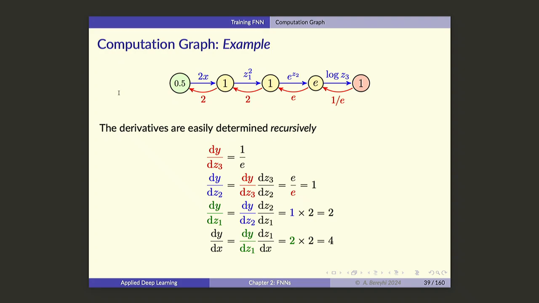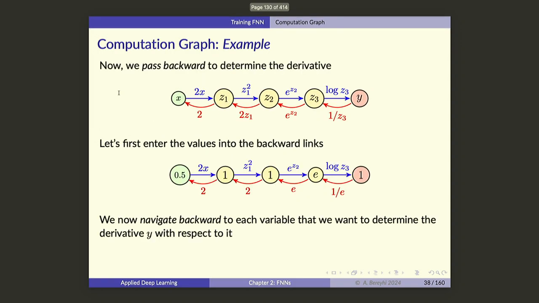Now, when I wanted to know these numbers, to start backpropagating over this network, over this graph, I really do need to know the values of z1, z2, z3, right? If I don't know them, I cannot calculate these.